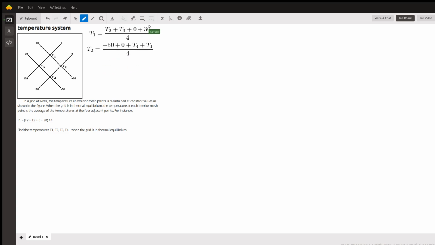Our next average, we're going to take T3, averaging all the 4 points surrounding that. Let's make a fraction out of this: T1 plus T4 plus 120 plus 30.